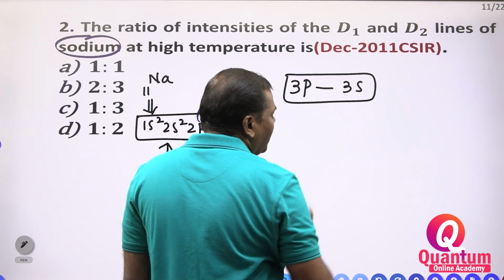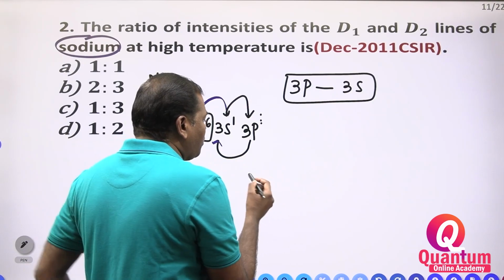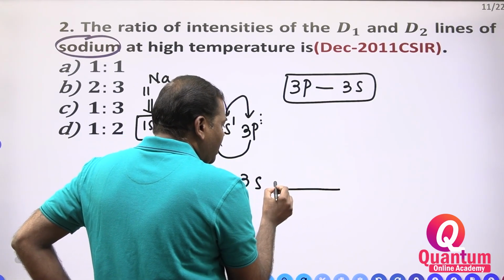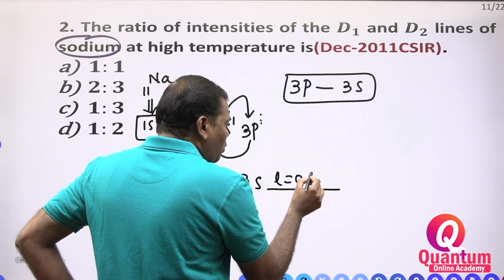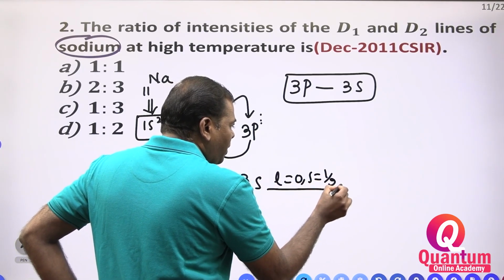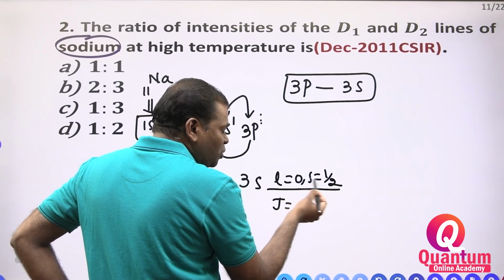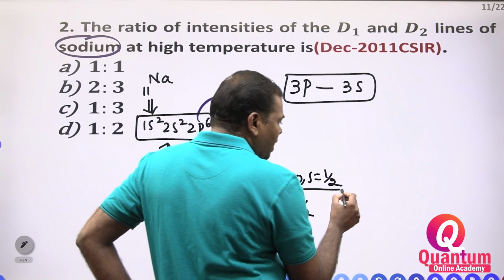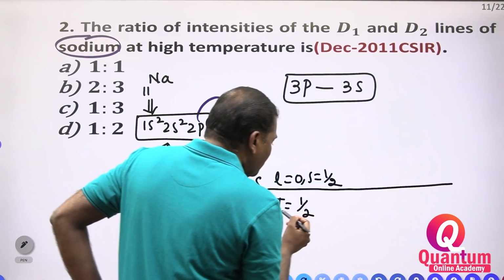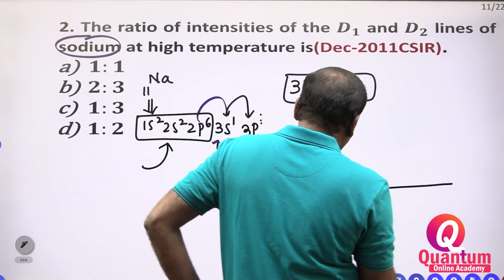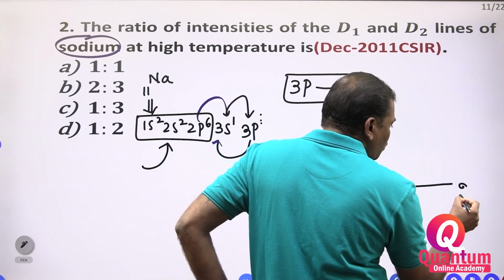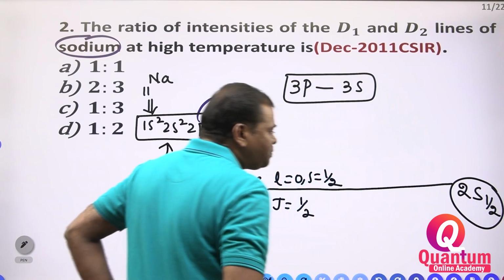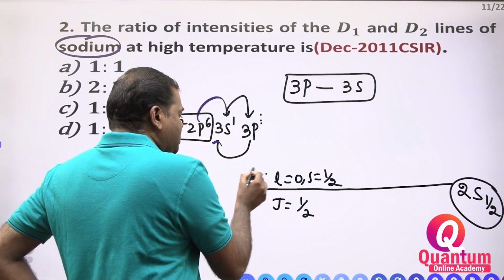If it is a p, what will happen? First we see s. For 3s, L is equal to 0, S is equal to 1 by 2, J is equal to 0 plus or minus 1 by 2, which is 1 by 2. Our state, 2S plus 1, is written as 2S 1 by 2. This is the representation of the 3s state.